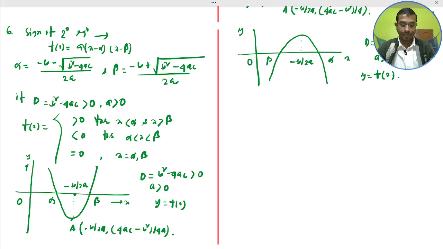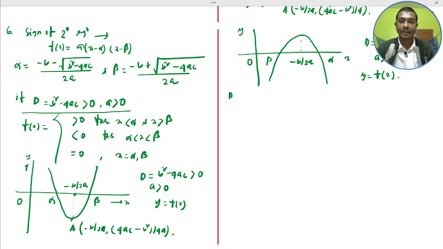This first one is for D greater than 0 and a greater than 0. This is the condition here: D equal to b square minus 4ac greater than 0 and a greater than 0.